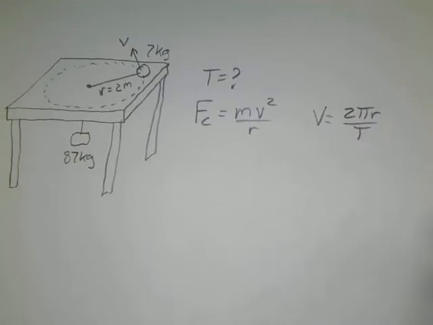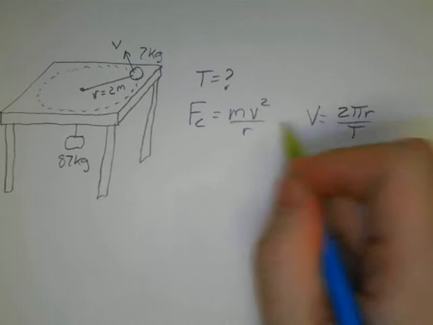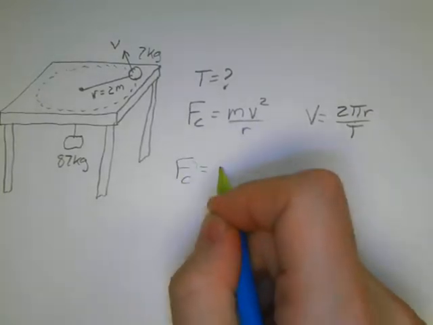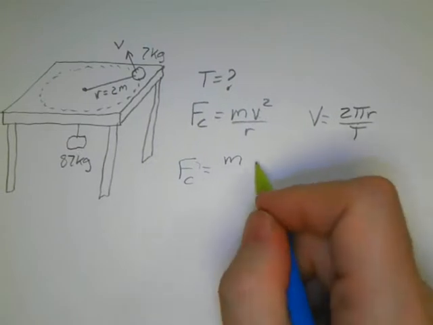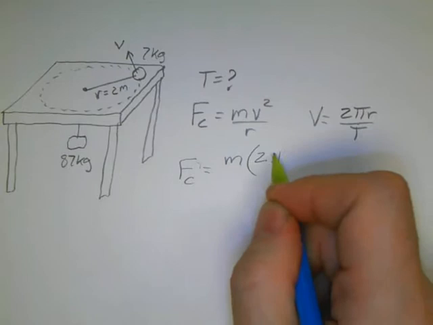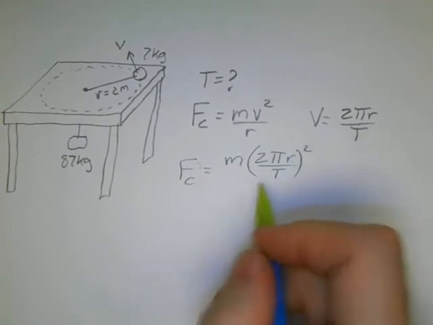So there's our period. If I substitute this in for the v squared, I get centripetal force is equal to mass times (2 pi r over the period) squared, all over r.